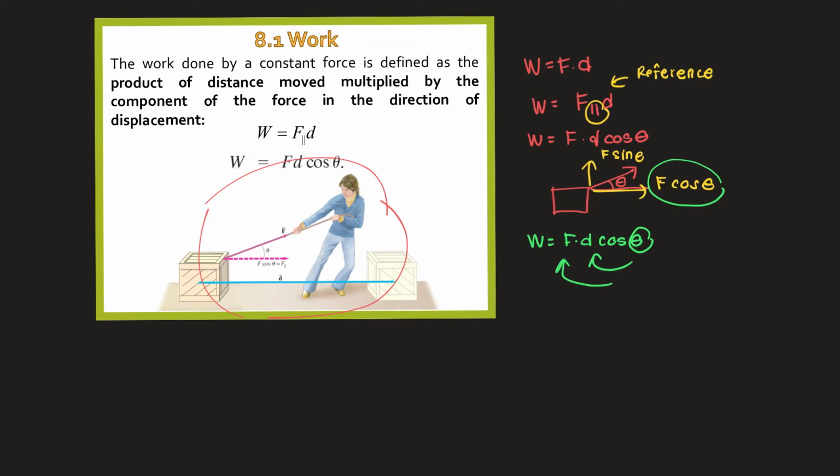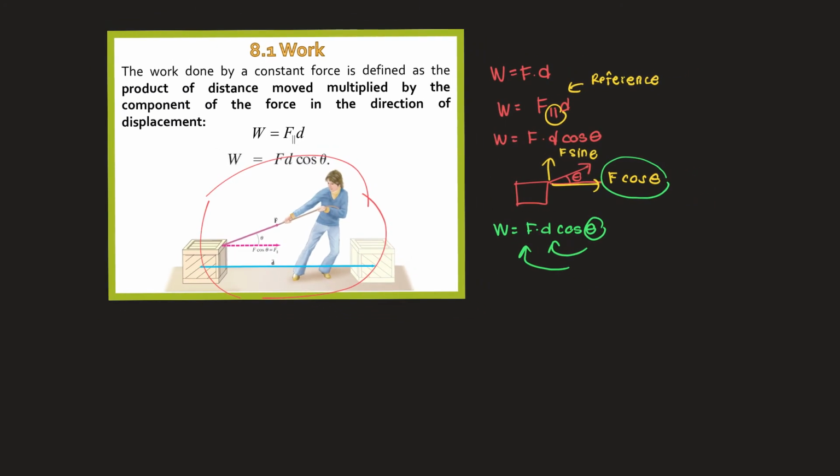For example, if you have something on an inclined plane like this, definitely you are going to resolve the force. So you are going to have Fn here, and you are going to have mg here, and this mg is going to be divided into mg cos theta, and this one is going to be mg sin theta.